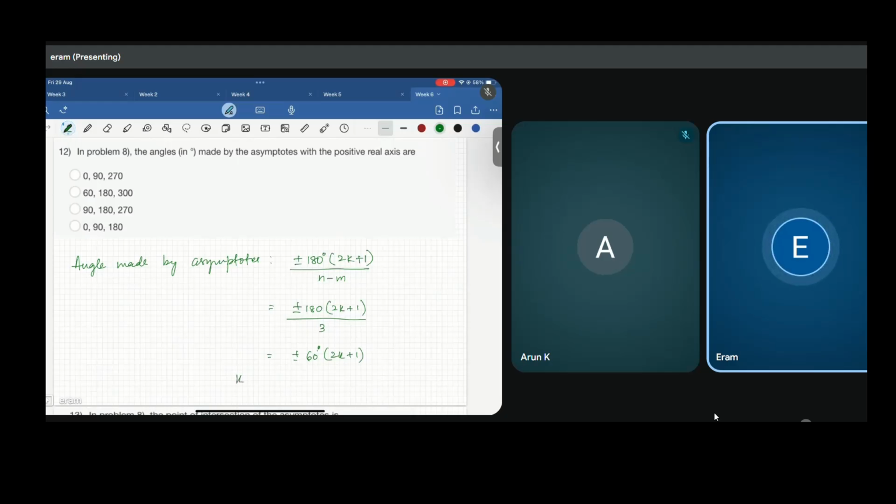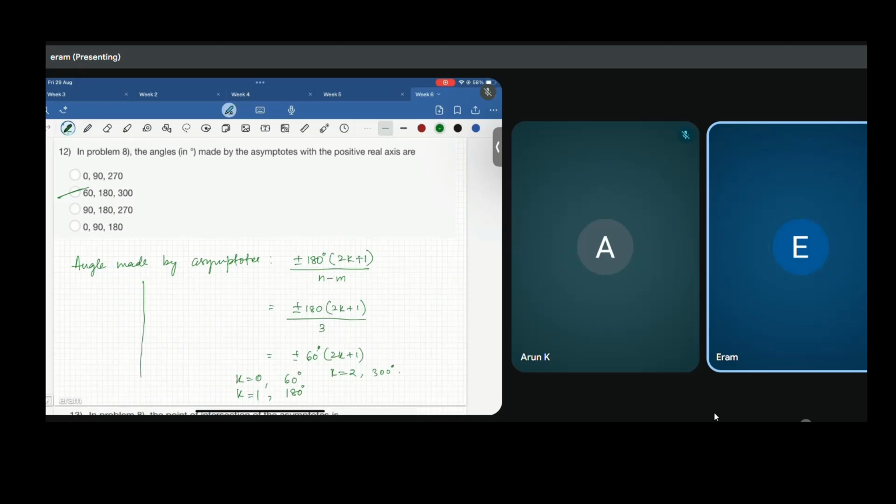So for k equals 0 we will get 60, for k equals 1 we will get 180, and for k equals 2 we will get 300 degree. Okay, option 2 will be correct.